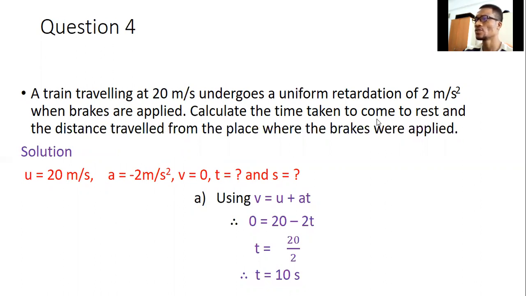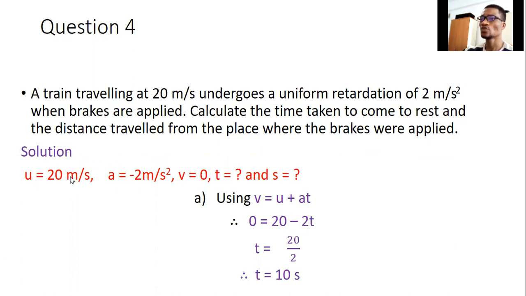Calculate the time taken to come to rest and the distance traveled from the place where the brakes were applied. So in this question, we have two things to calculate. Number one, calculate the time taken to come to rest, and then the distance traveled from the place where the brakes were applied. So first thing first, we need to bring out the parameters again from the question.